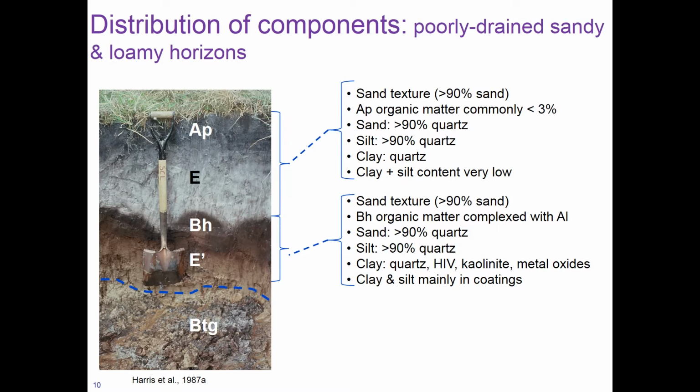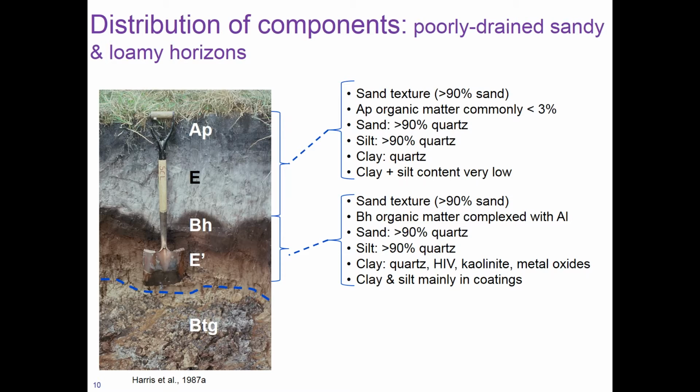Looking at the next two layers, the Bh and the E prime, again, we have sand texture, and we have the Bh horizon with organic matter complexed with aluminum, and the organic carbon content of the Bh is roughly comparable in many cases to the A horizon.